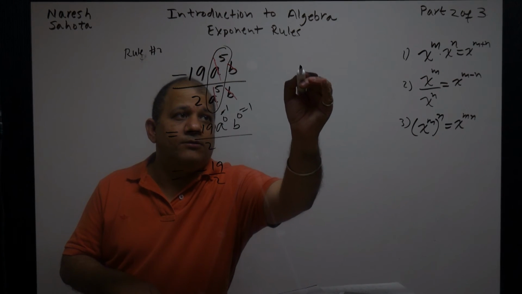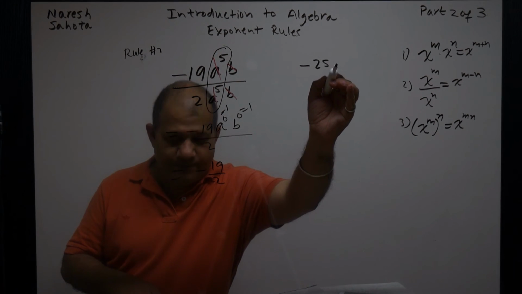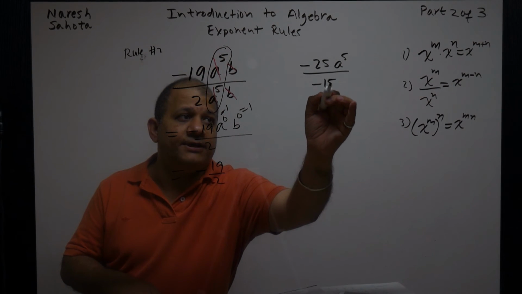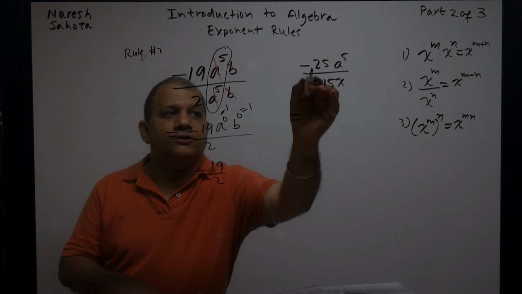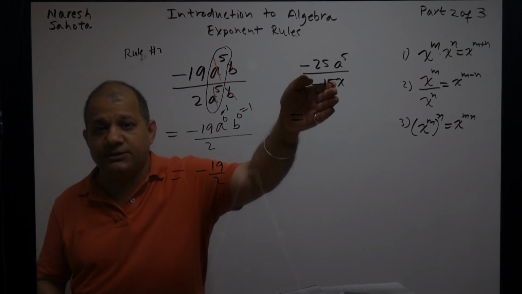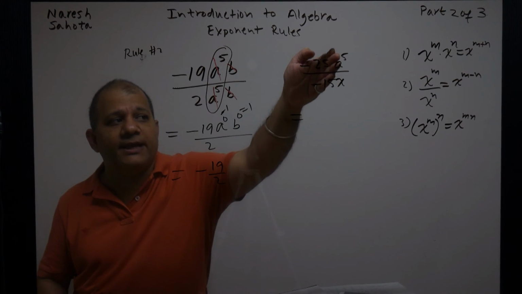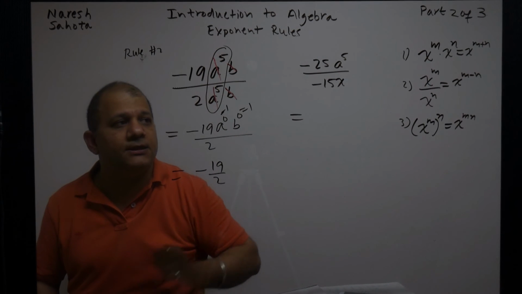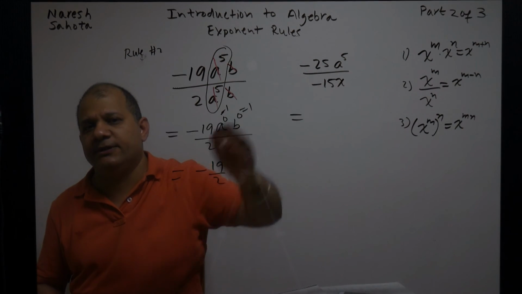Okay, so now negative 25 a to the 5 divided by negative 15x. So how do we simplify? Do we have the same bases, a and x? No, the bases are different. So there's nothing we can do with a to the 5 over x. That portion will just get copied as is. But we can reduce the 25 and the 15.